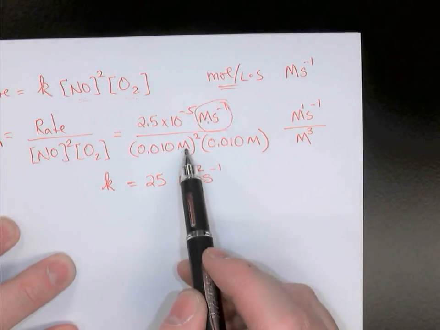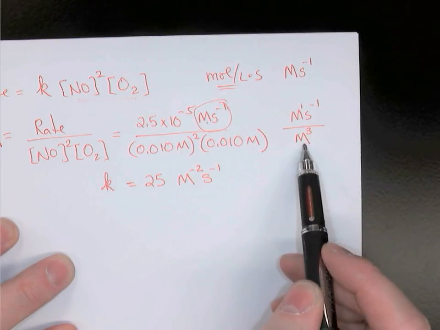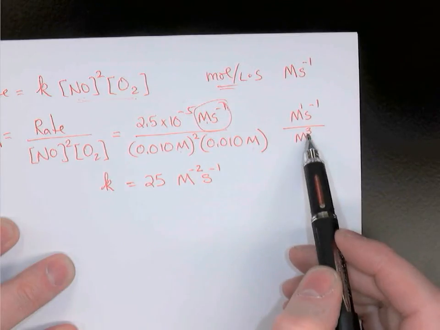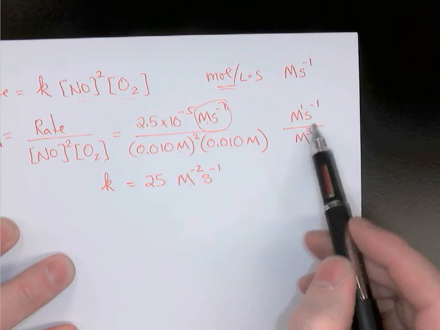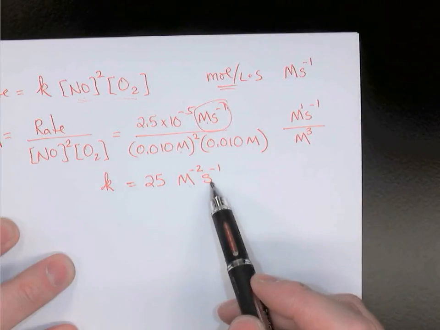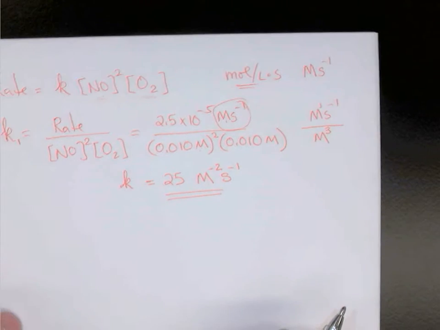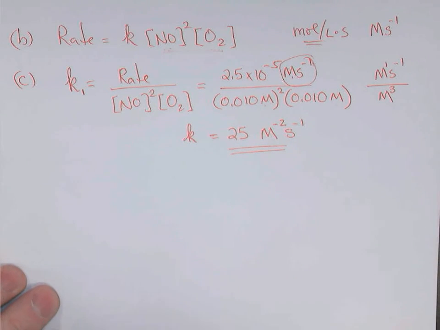On the bottom we have molarity squared times molarity, which is molarity cubed, and then 1 take away 3, we'll have m to the minus 2, and then the per second is also there. So there's the value of the rate constant with its units at 660 Kelvin, the temperature at which the experiment was done.